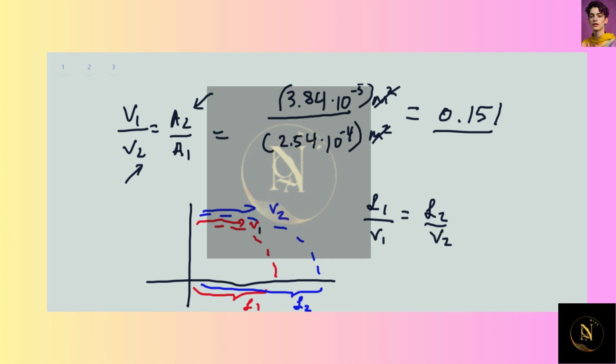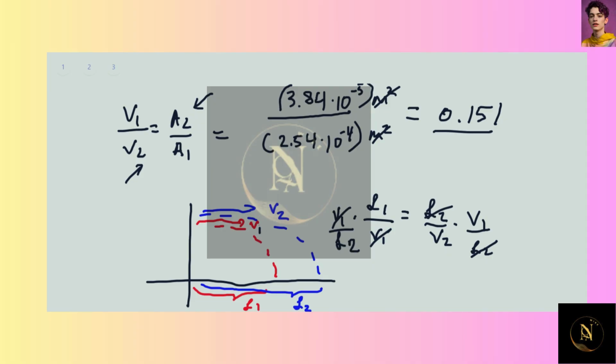So in this situation, we do know what L1 is. We do not know what L2 is. And we already know the ratio between V1 and V2. So let's try rewriting this equation in terms of the ratio we've already come to derive. So first, we'll multiply both sides by V1. That's going to make V1s cancel on the left. And let's divide each side by L2. That's going to make L2s cancel on the right.